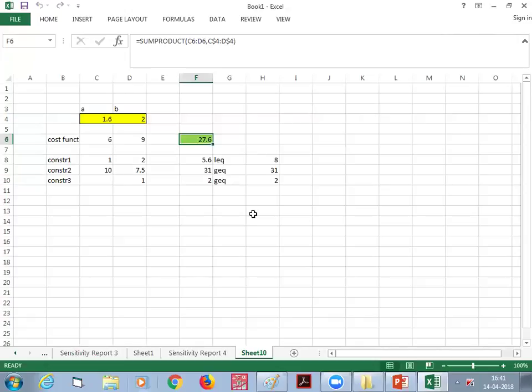That's why the dual value is negative, whereas the shadow price shows how much it's increased by. Is that clear now? In the case of maximization, improvement and increase are the same, whereas in minimization it's slightly different. It's a different convention.